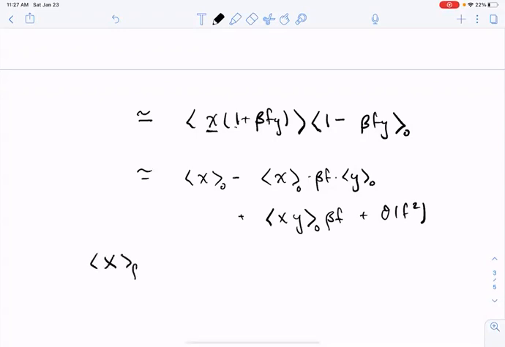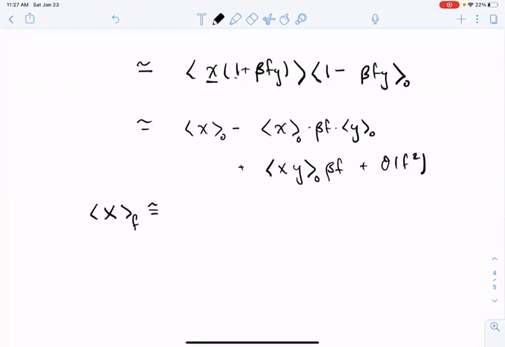Simplifying this, I find that the average of x in the presence of f is equal to the average of x in its absence. This beta f is common. And now look at this. This term here is x times y averaged.